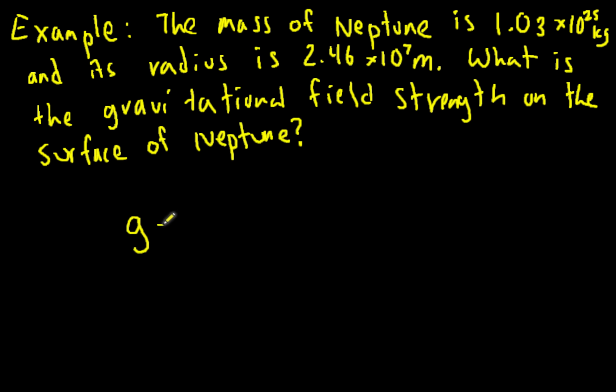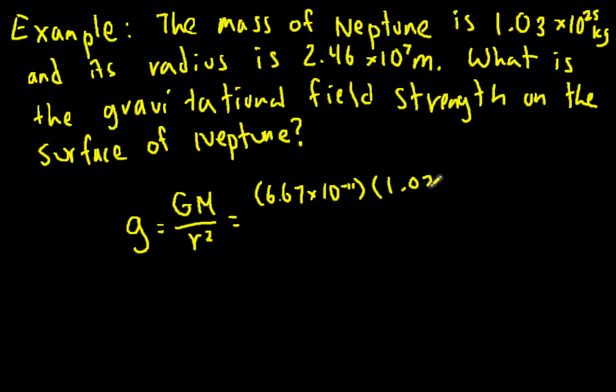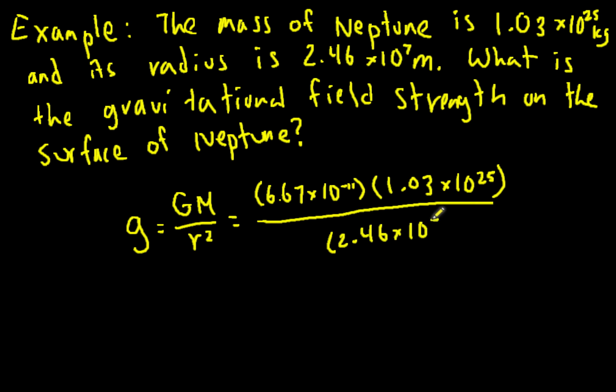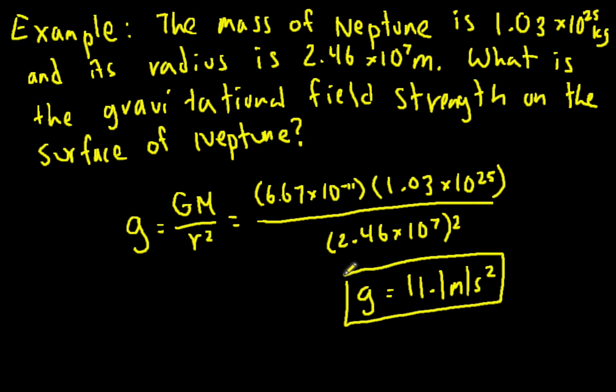The formula is gravitational field strength equals GM over r squared, which is 6.67 times 10 to the minus 11 times the mass of Neptune, which is 1.03 times 10 to the 25, divided by the radius, which is 2.48 times 10 to the 7 squared. This gives us a gravitational field strength on the surface of Neptune of 11.1 meters per second squared.